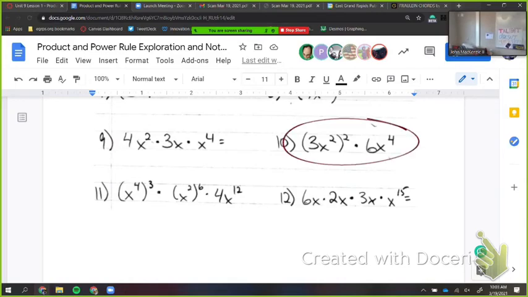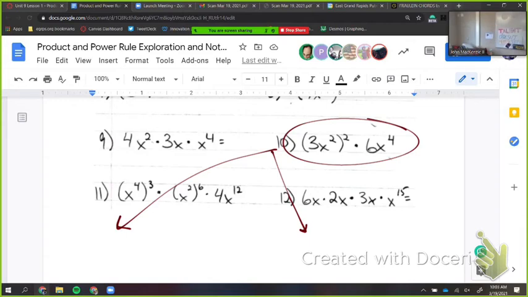So, to do number 10, I'm going to show you what it would look like expanded over here. And over here, I'm just going to show you what I'd go right to for an answer. So if I expanded number 10, I've got 3x squared squared, which means I have base 3x squared how many times? I have 3x squared as a base how many times? 2.